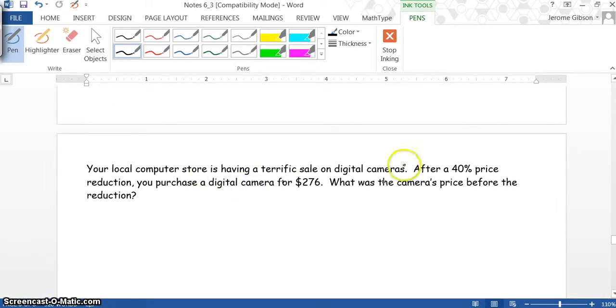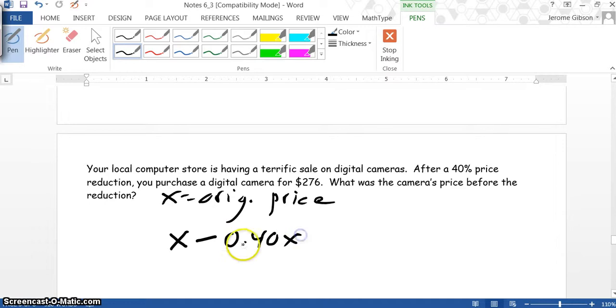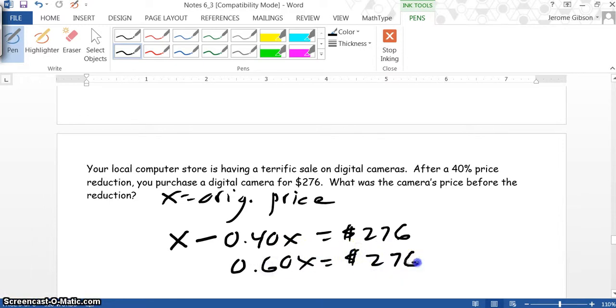Okay, now this is what we need to do. The first thing is we need x to be the original price. And then now we can set up the equation. It would be x minus 40% of x, because it was a 40% reduction, is equal to $276. Now x minus 0.40x, remember this is assumed to be 1x, so this would be 0.60x is equal to $276.